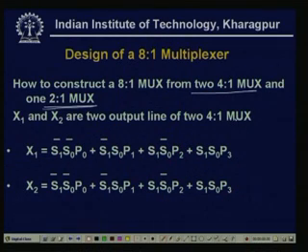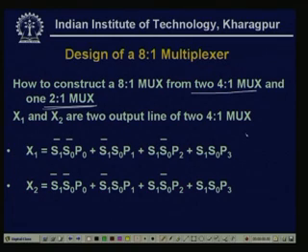Now, each multiplexer has one output line. So, I identify x1 and x2 as the output lines of the 2 multiplexers. Already I know the expression for a 4-to-1 multiplexer.